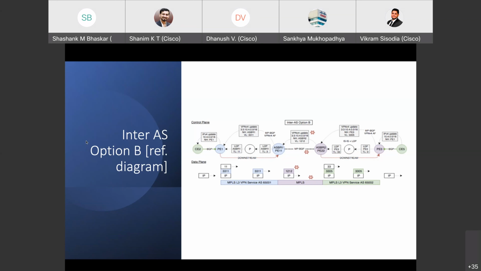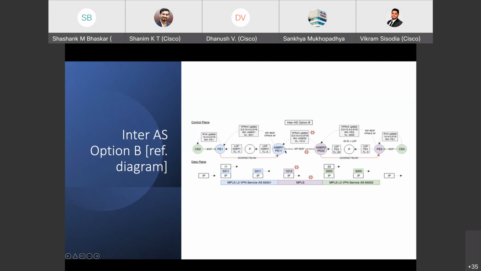Once a packet comes in to P1, P1 will use the labeling protocol, the top label, whatever it is using within its autonomous system, to reach ASBR1. Once it reaches ASBR1, ASBR1 forwards a VPNv4 labeled packet to ASBR2. You do not need a transport label on the link labeled as MP-BGP between ASBR1 and ASBR2.